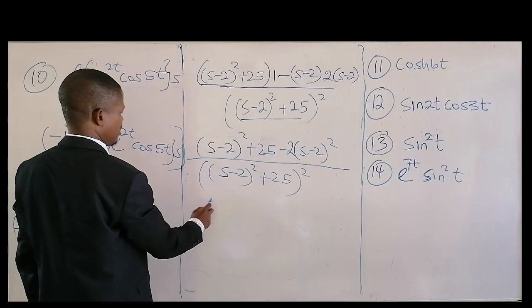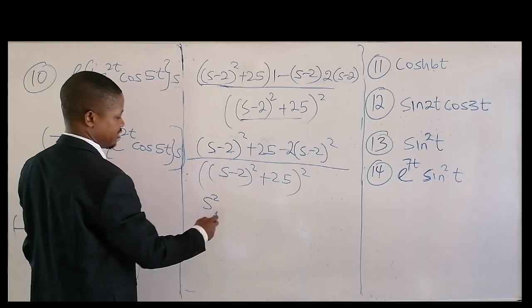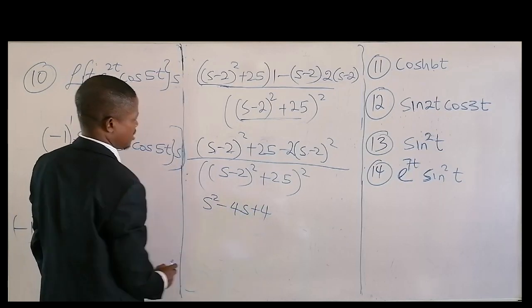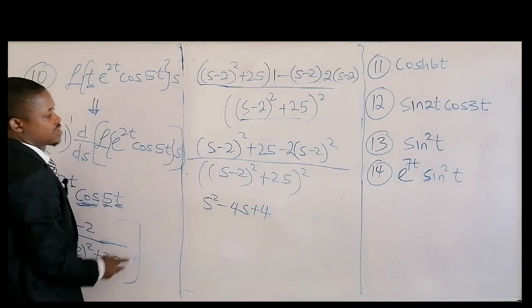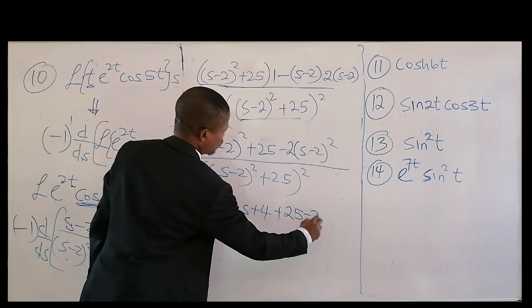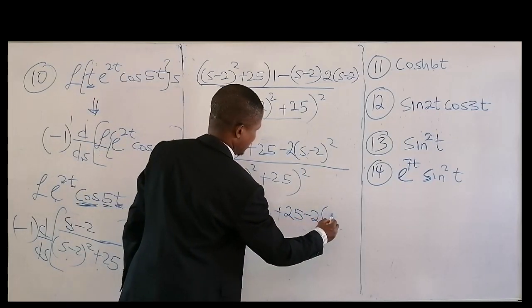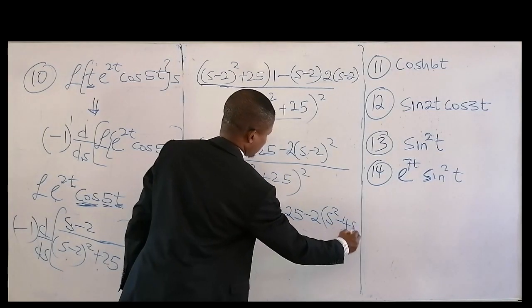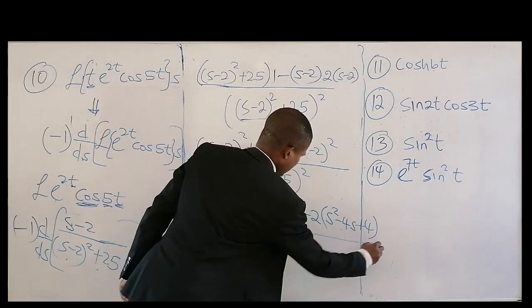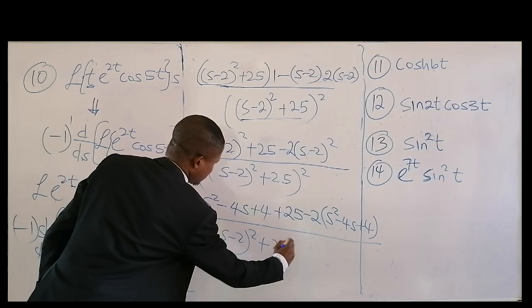If you expand this, that will be x squared, then 2x times 2, that's 4x, then plus 4, then plus 25 here, minus 2 into bracket. If you expand this one also, you have x squared minus 4x plus 4.